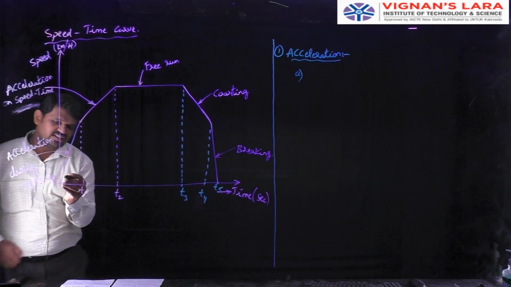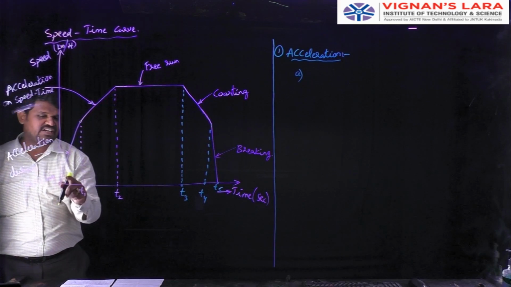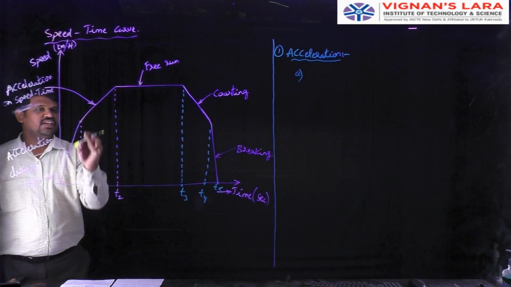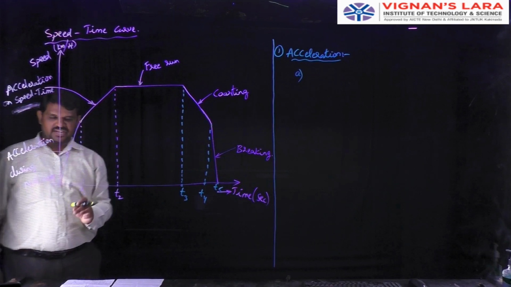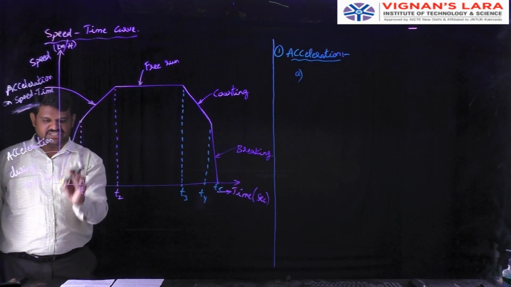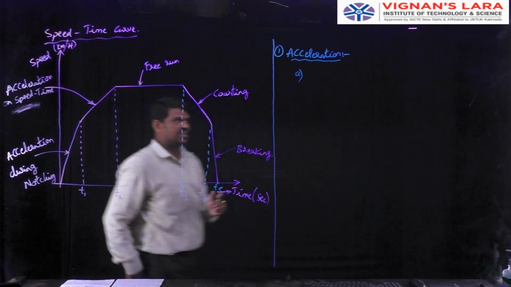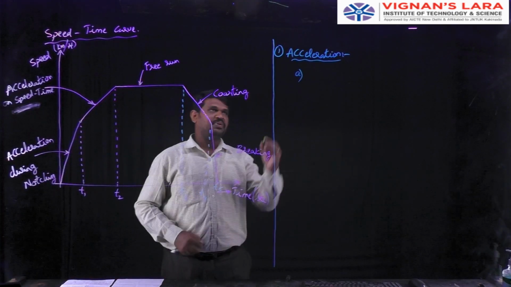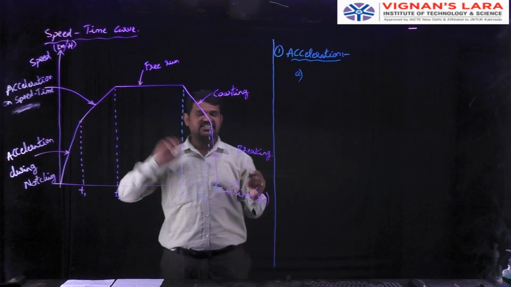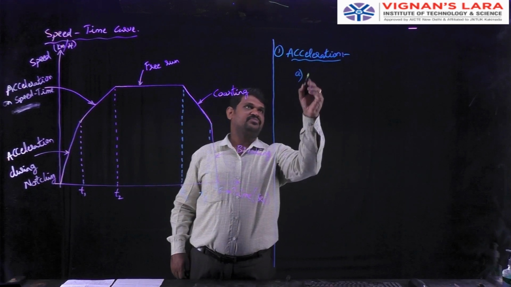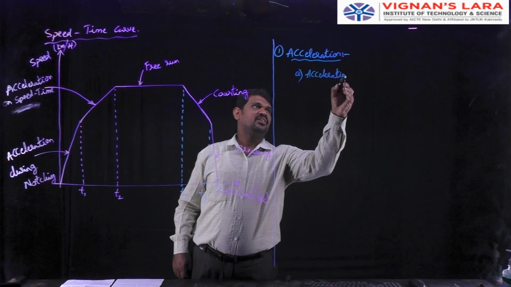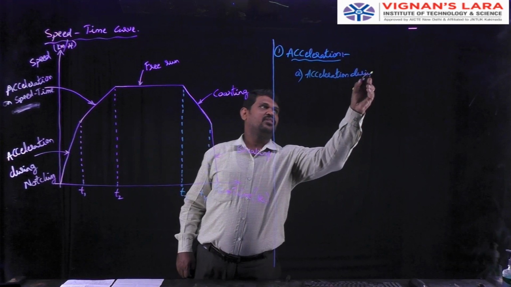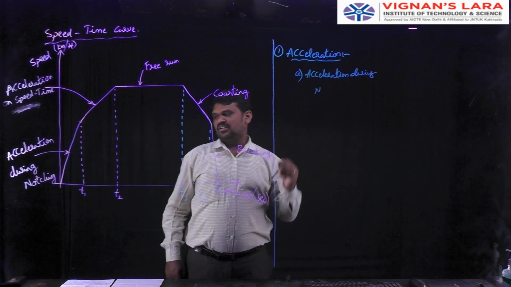Now see here, this is the acceleration period, and this is also an acceleration period. In this acceleration period, it is called the notching period. So again, it is divided into two periods. The first one is acceleration during notching.